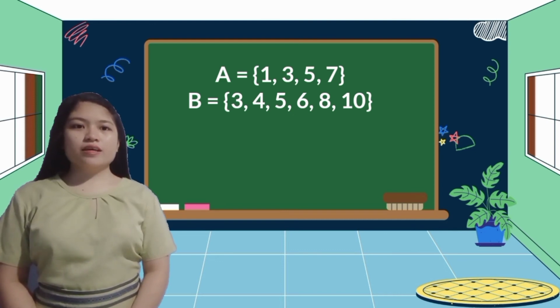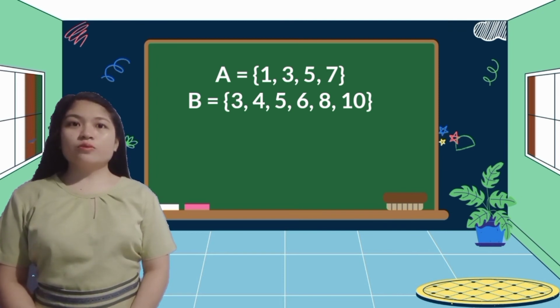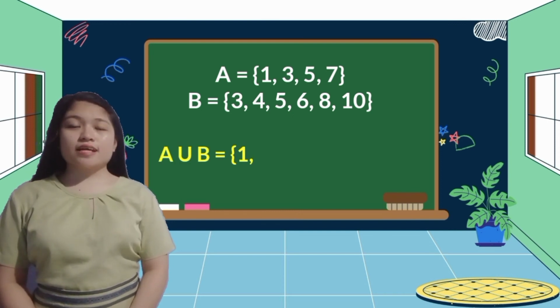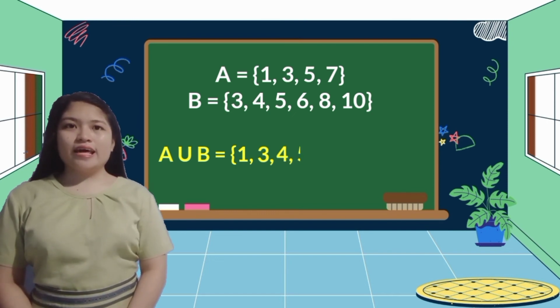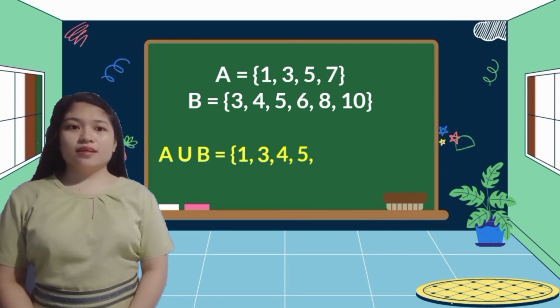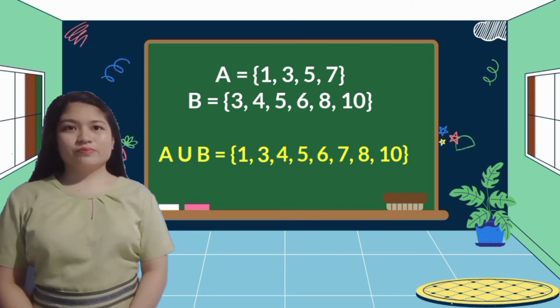Then A union B means that all the elements of sets A and B are combined into one set. So we have 1 in set A, and 3 in both sets, but we write it one time. Next, 4, and 5 is also in both sets. Then 6, 7, 8, and 10.